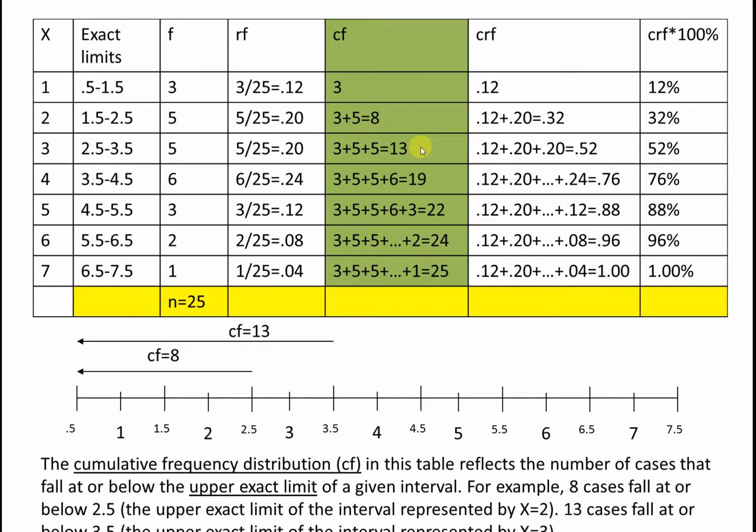If we take that 13 and add the frequency of the next interval, which is ranging between 3.5 and 4.5, we had a frequency of 6. So 13 plus 6 would get us 19. So basically, the cumulative frequency distribution is representing the frequency of cases that fall at or below the upper exact limit for each interval.